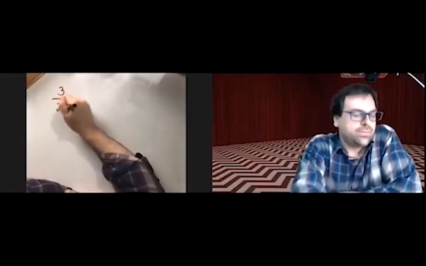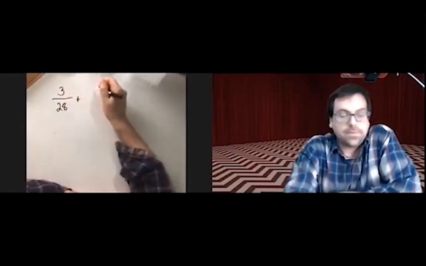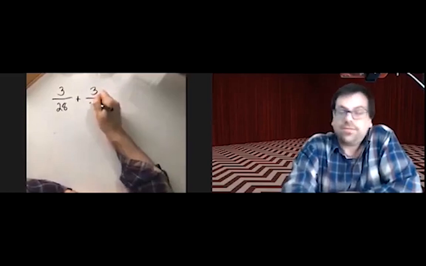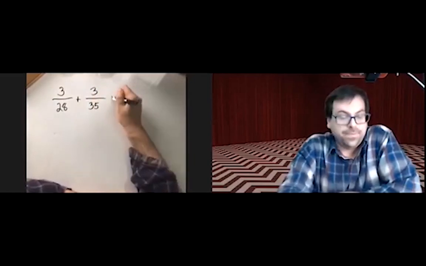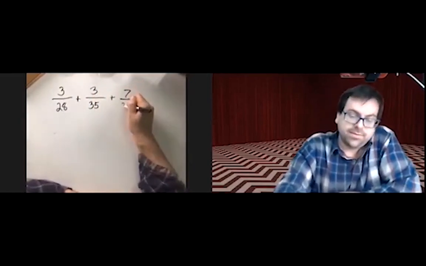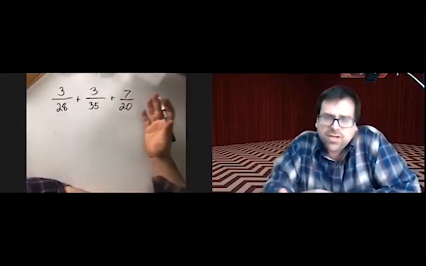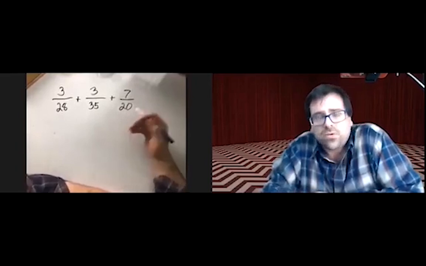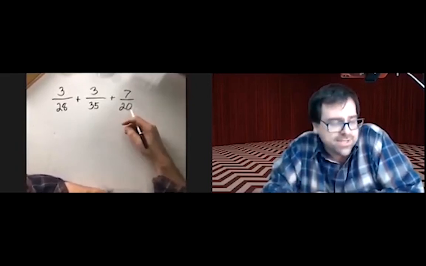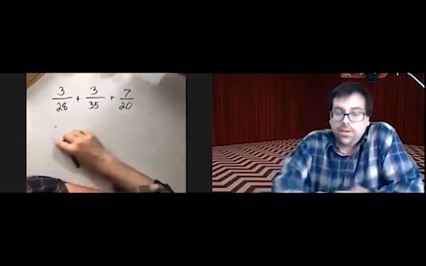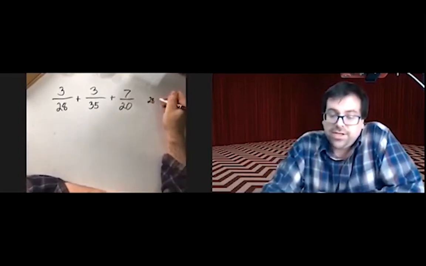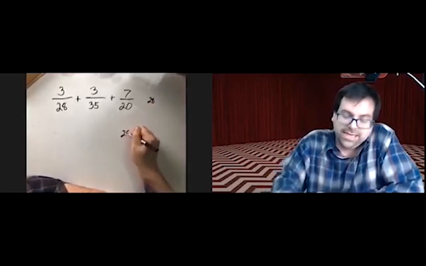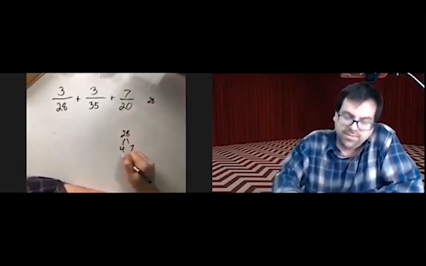Let's look at 3 28ths plus 3 35ths plus 7 20ths. Remember, addition and subtraction is all the same. Only difference is at the end whether we're adding across the top or subtracting across the top. Prime factorizations. 28 is 4 times 7.